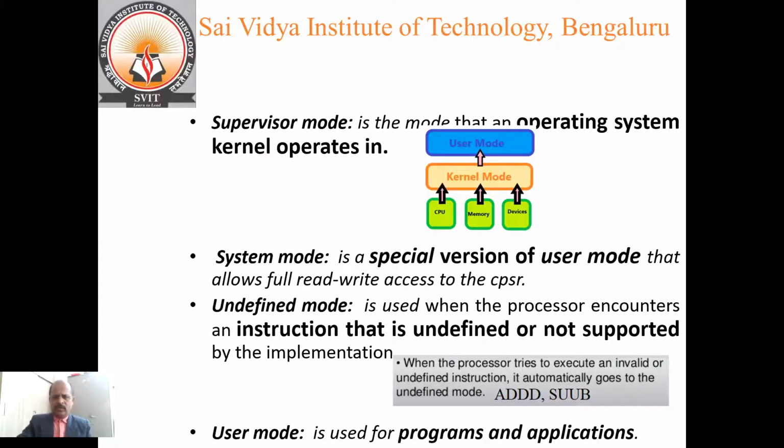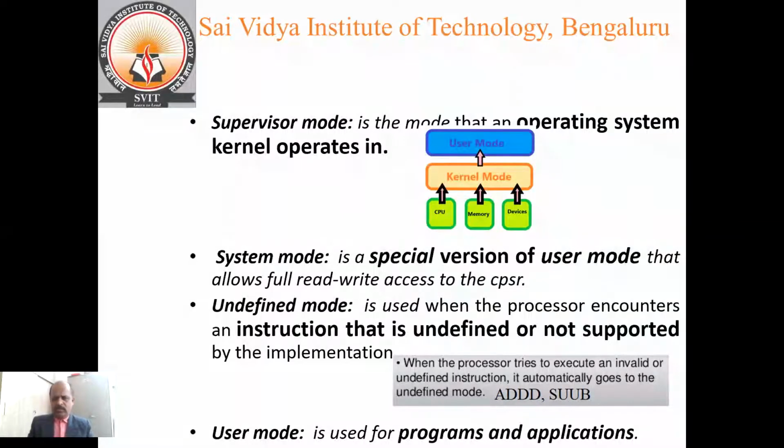Supervisor mode is the mode that an operating system kernel operates in. Pictorially, you can show this as user mode, kernel mode, CPU, memory, devices. System mode is a special version of user mode that allows full read-write access to the CPSR.